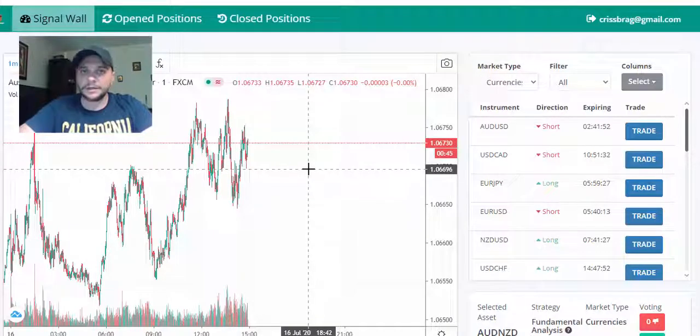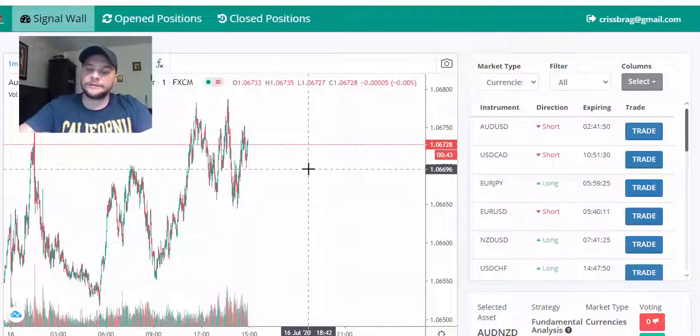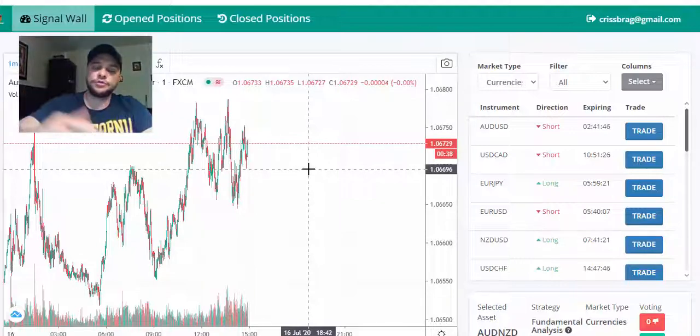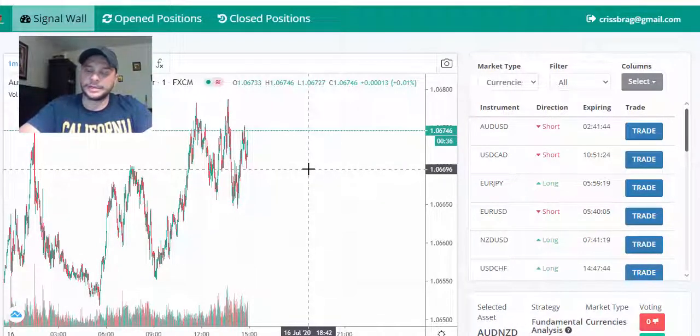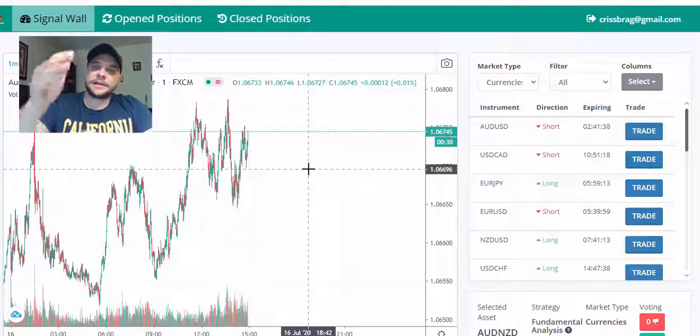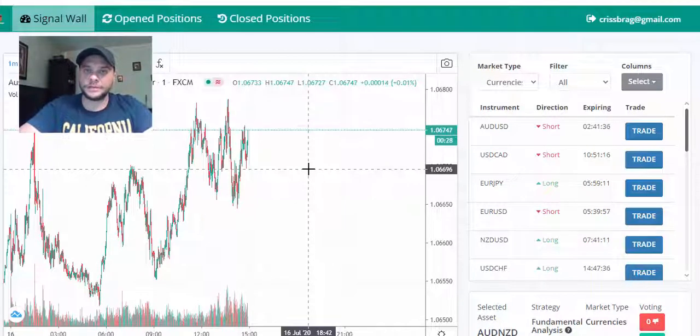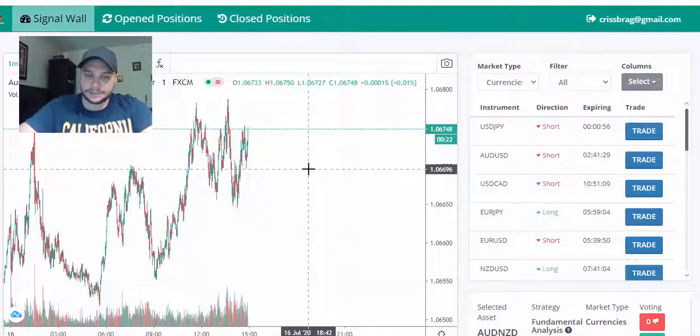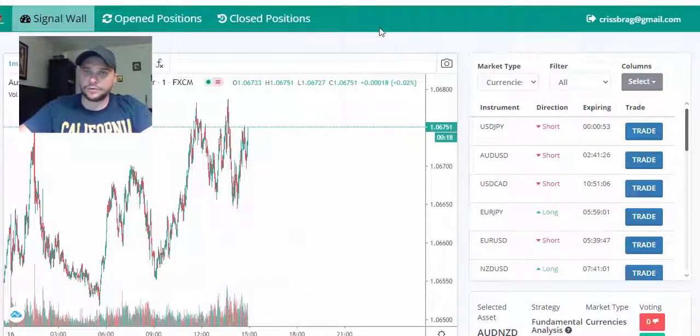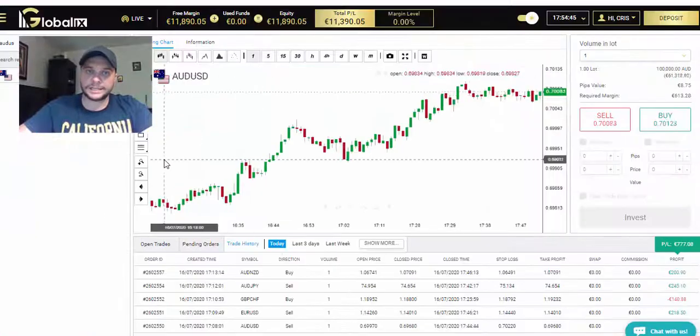Just fill in your email address and your name, and you can create your account with FX Autobot, and then a broker will be assigned to you. Fund the broker with a minimum of $250 and you will be good to go. You'll start making money. So let's have a look at what happened with today's trading session.